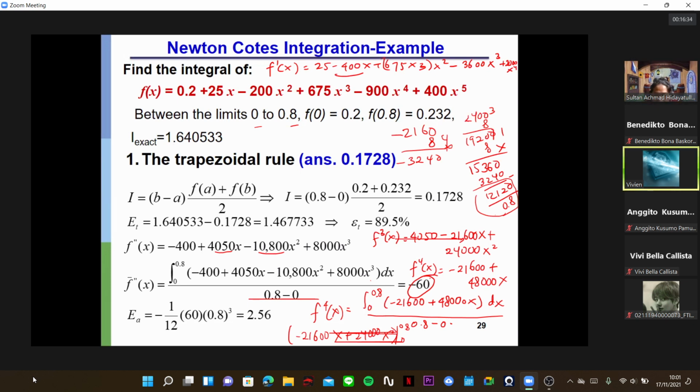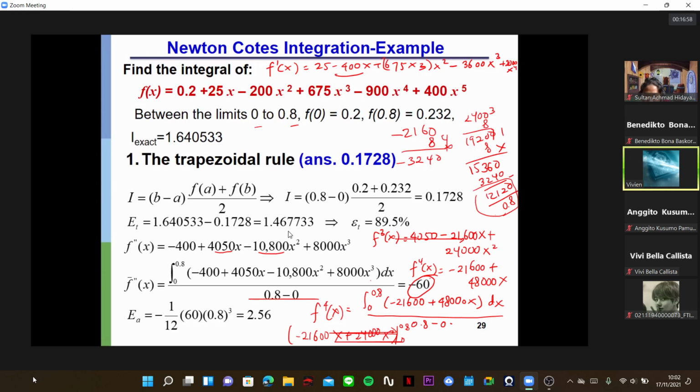Okay, so here is a calculation of the approximation of the error if we don't have the true value. In this case, we have the true value, so we can directly calculate the true error. But in some cases, we don't have the true value.